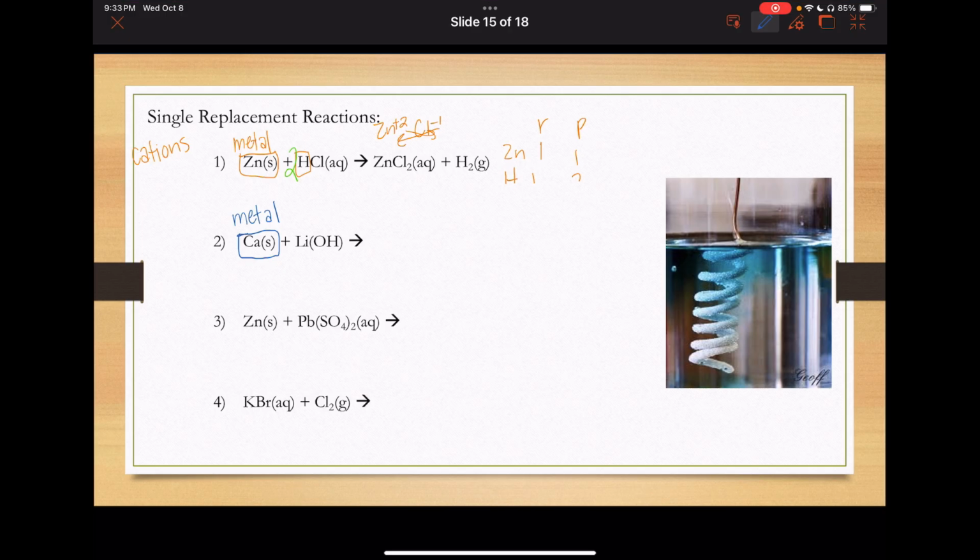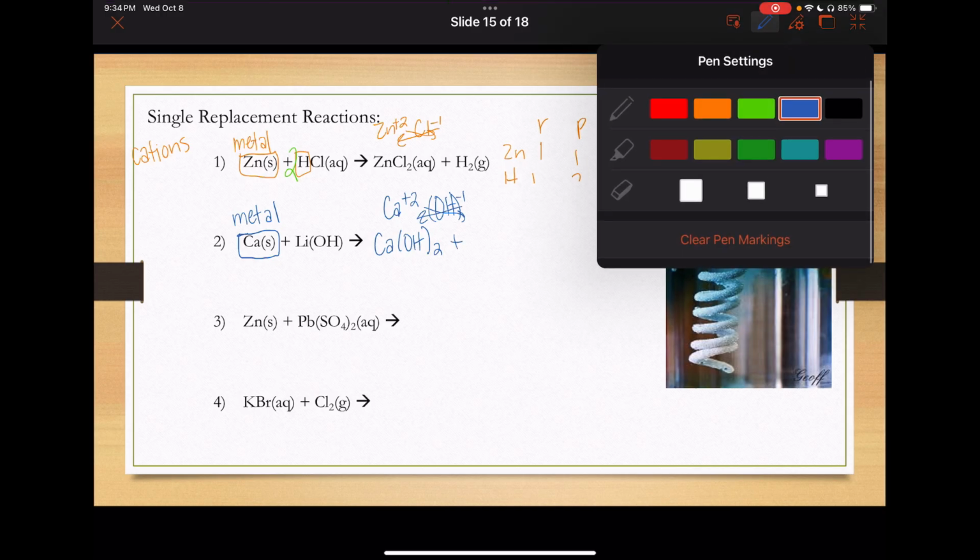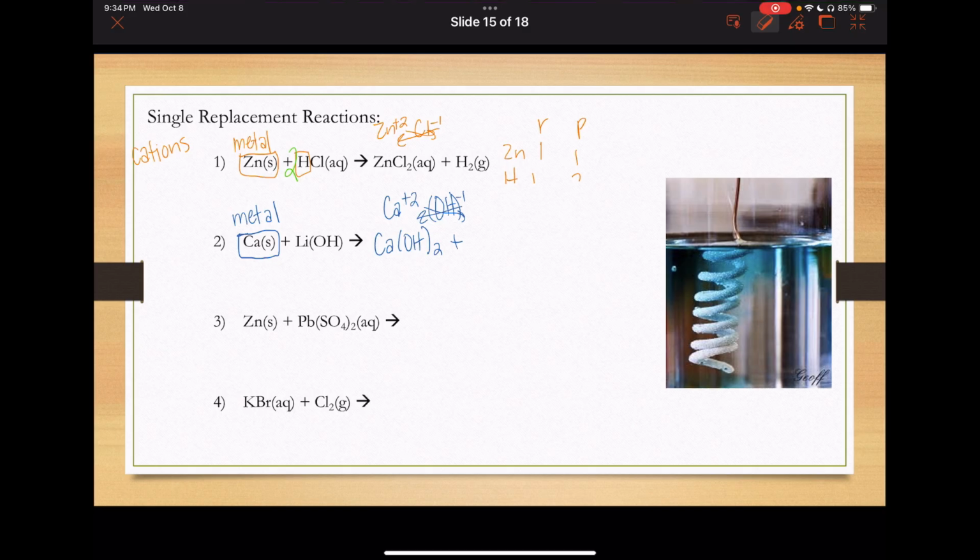So when they switch, that means calcium and hydroxide are now going to be together. Calcium has a +2 charge. Hydroxide has a -1 charge. So when you swap and drop, it would be Ca(OH)2. And then remember, your hydroxides are insoluble.